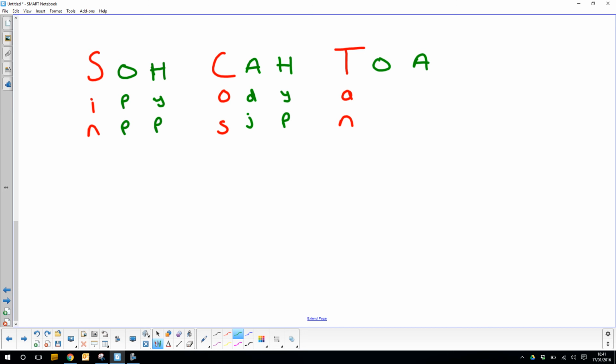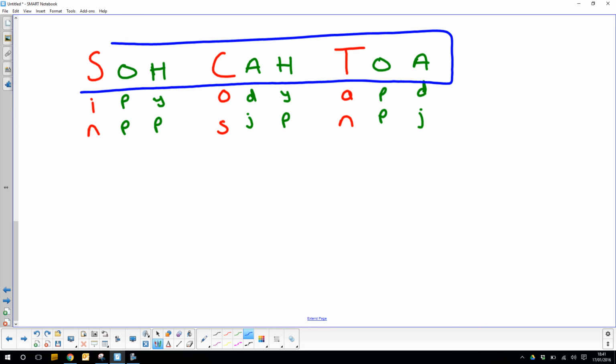Okay, now really what you need to remember is this bit at the top. SOHCAHTOA. And there's lots of different ways to remember that. Silly old Hitler couldn't advance his troops over Africa. That's quite a famous one.